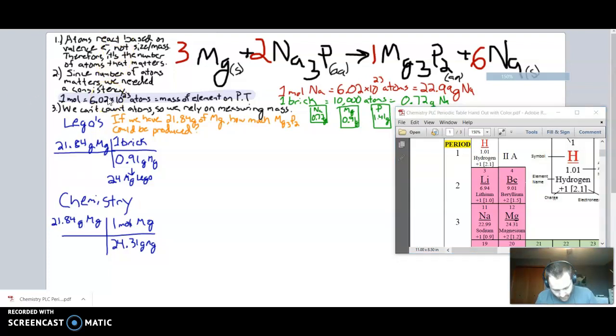If you plug this in, you will find that you would actually get 0.898 moles of magnesium. And that makes sense, since we had 21.84, and the periodic table tells us that there's 24.31 grams for every 1 mole.